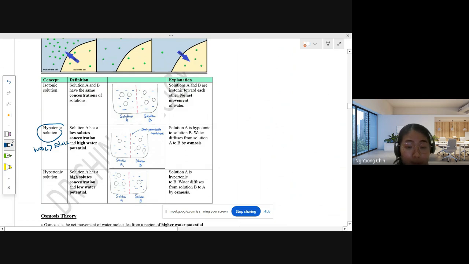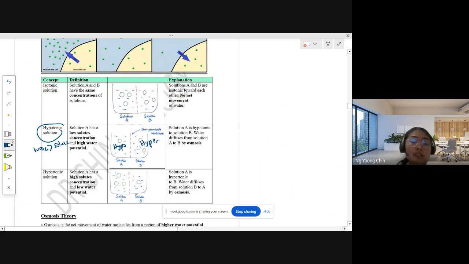For example, you can compare solutions A and B. A has very low solute, but higher water potential, and B has more solute. So A will be hypotonic. Then B will be hypertonic.